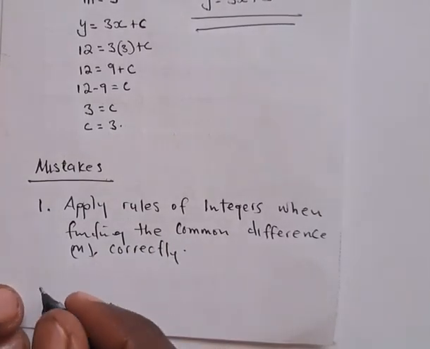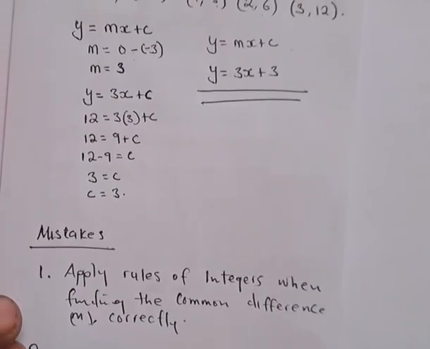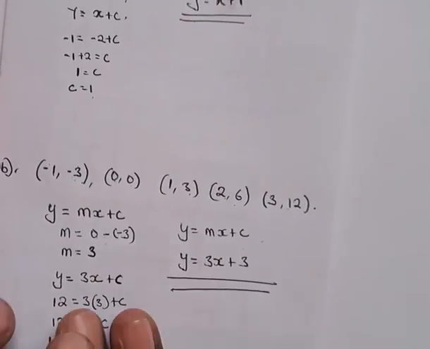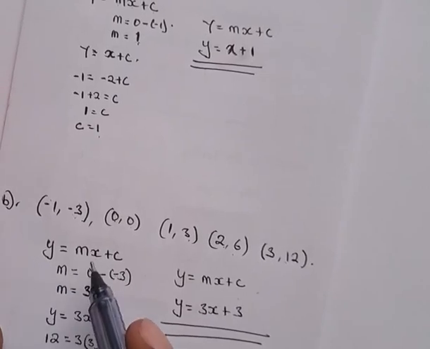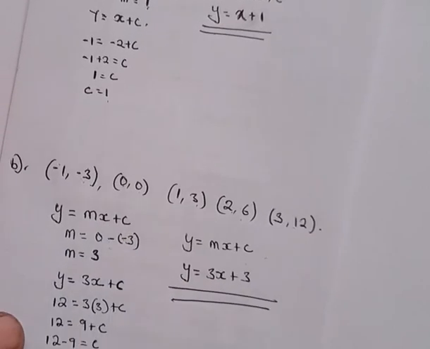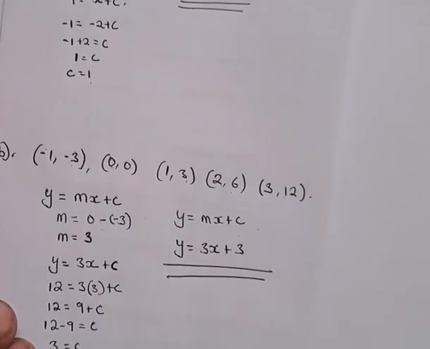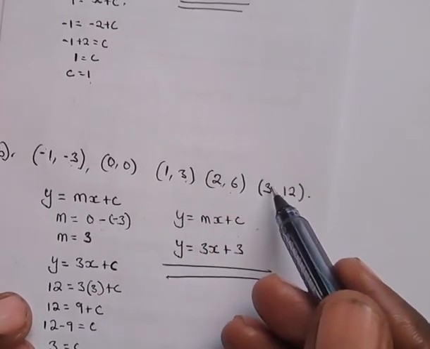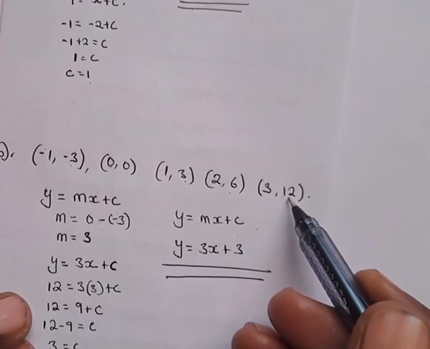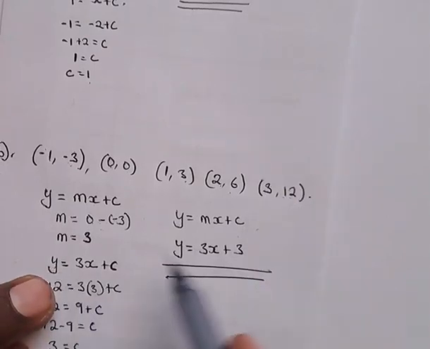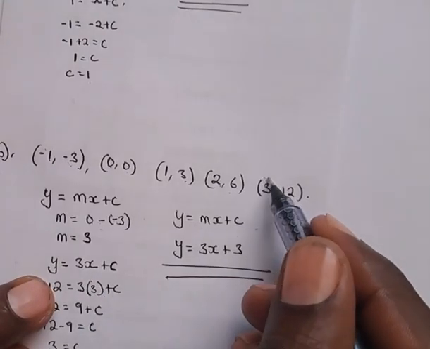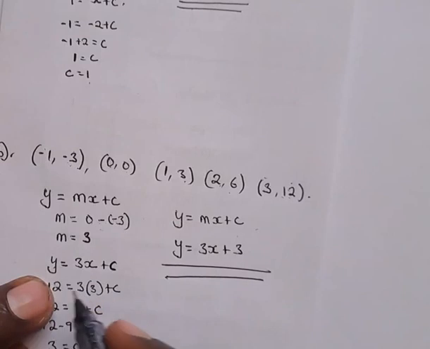Then mistake number 2, set of ordered pairs. Remember, this is confusing because the formula is y is equal to mx plus c. So when finding the value for c after getting the pair, just because it is 3, 12, others can put 3 in place of y and 12 in place of x, which shouldn't be the case because this is x and this is y. It's just that our formula starts with y.